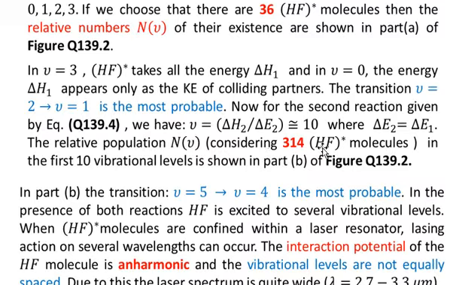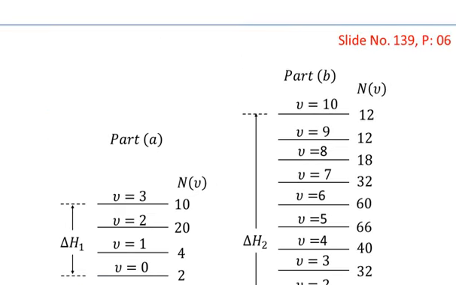So let's consider that there are 314 hydrogen fluorine molecules which have been excited. So 314 hydrogen fluorine excited molecules will be distributed in different vibrational levels. In the first 10 vibrational levels, the distribution is shown in part number B of the figure.